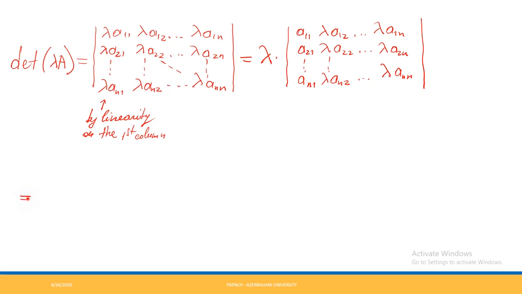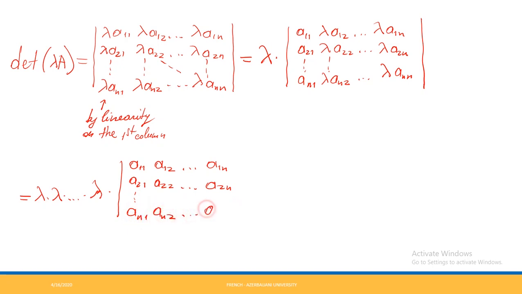It will be lambda times lambda times lambda times the determinant of a11, a12, a1n, a21, a22, a2n, an1, an2, ann.